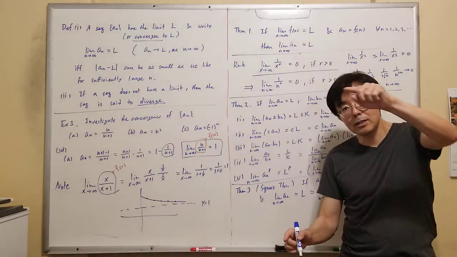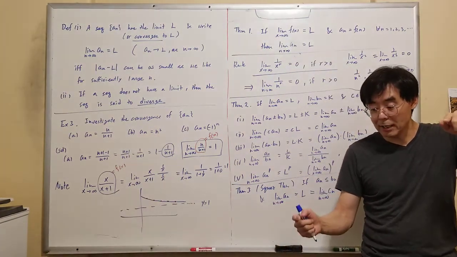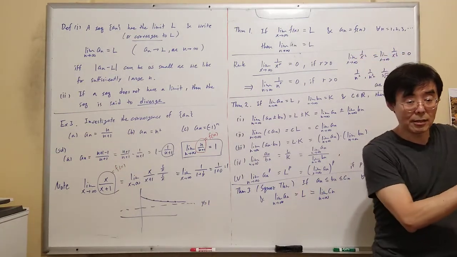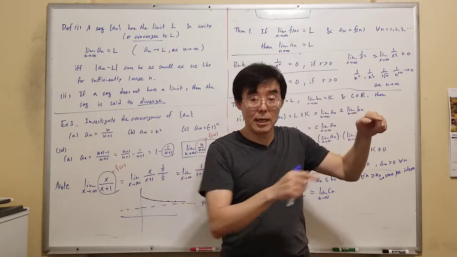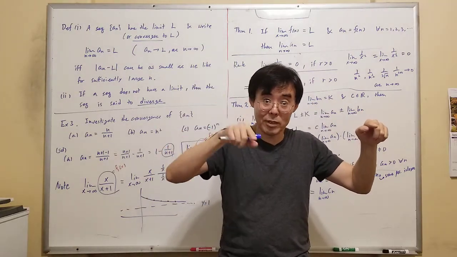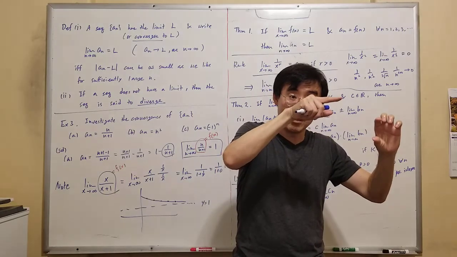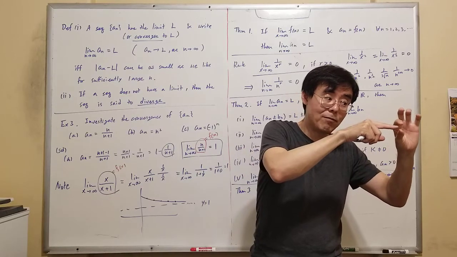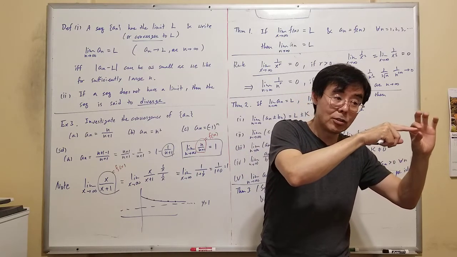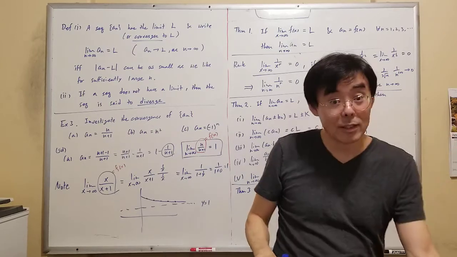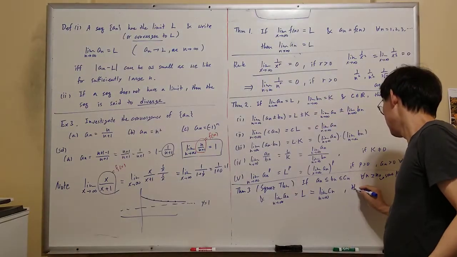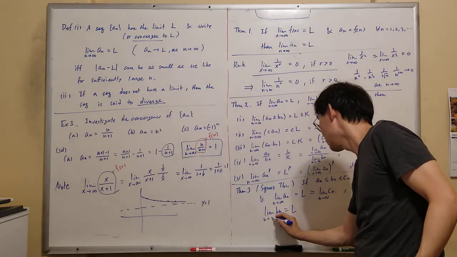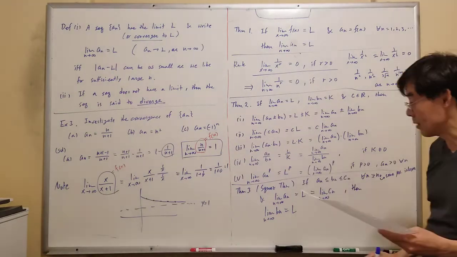So the sequence a_n converges to L, the sequence c_n, lower sequence, upper sequence, both approach L. And your sequence b_n is somewhere in between. If the upper one and the lower one approach the same value, your middle one is forced, squeezed, to converge to the same value. Then the middle sequence must converge to the same value. Okay? This is the squeeze theorem.